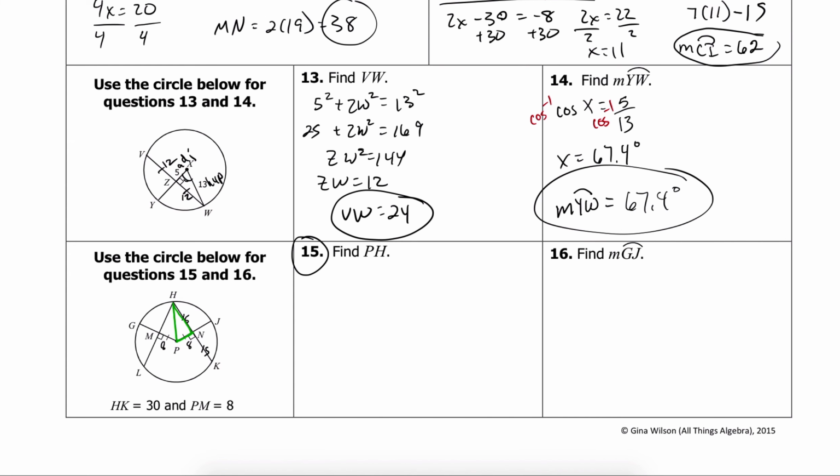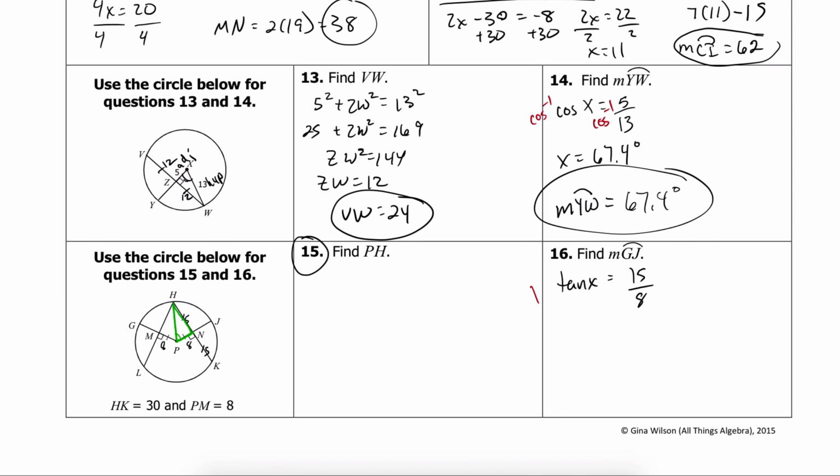And then number 16 is very similar to number 14. We're trying to find GJ, this whole arc. So I could find this angle right here using tangent. I'm going to say the tangent of x is equal to the opposite side, 15, over the adjacent side, 8.